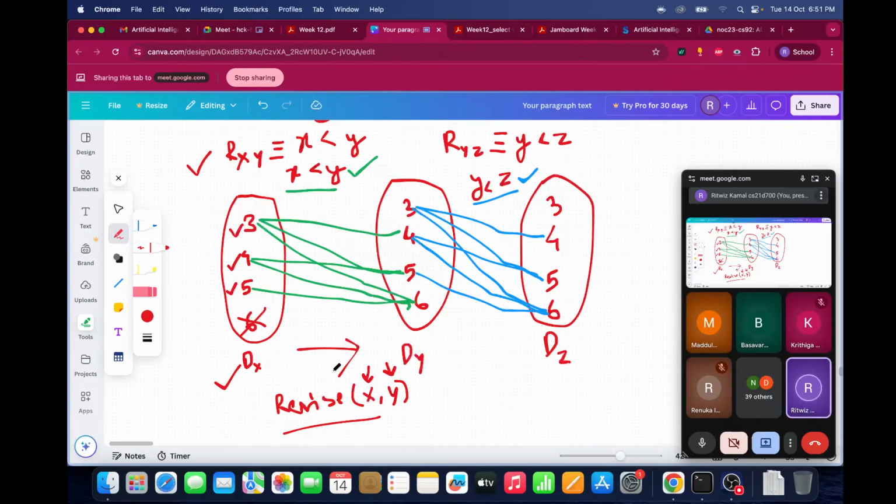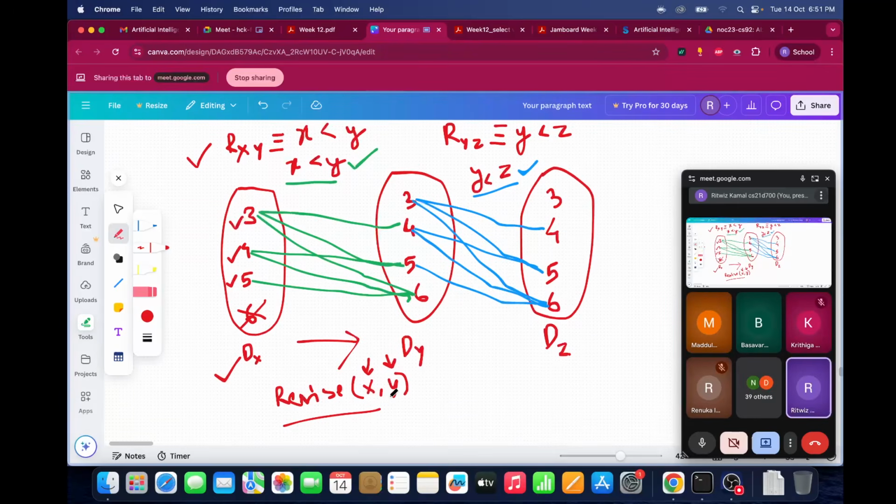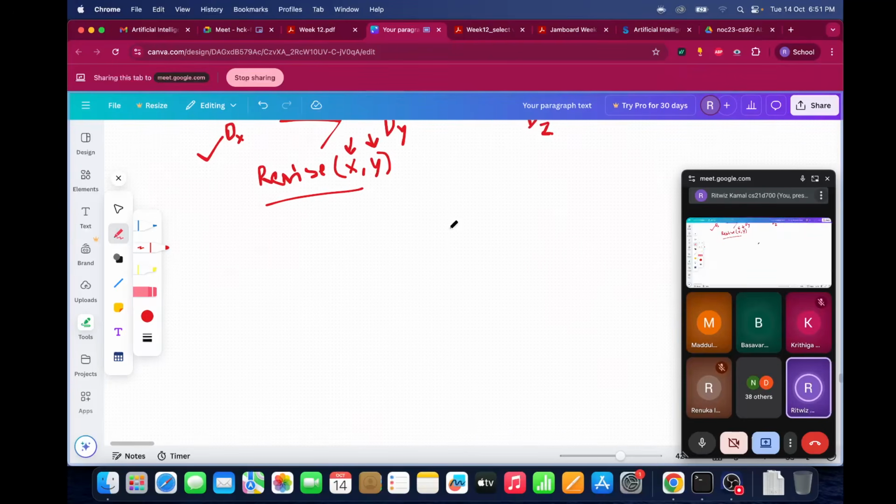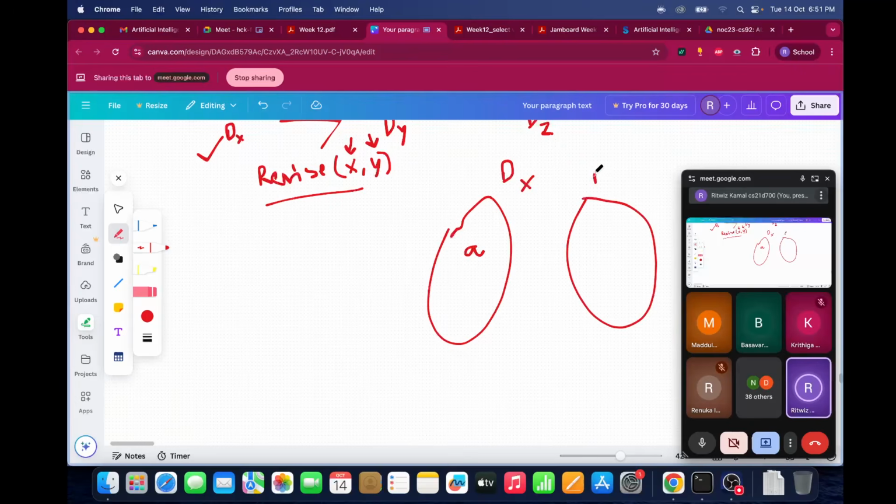Okay, let me go over the revise function again. When we are looking at revise x comma y, we will only look at the domain of x, and see for every element in the domain of x, is there at least one corresponding element in the domain of y which is related to this element. If this was the domain of x and this was one element a in the domain of x, we will check the domain of y only to see if there is a corresponding element b over here such that a and b are related.